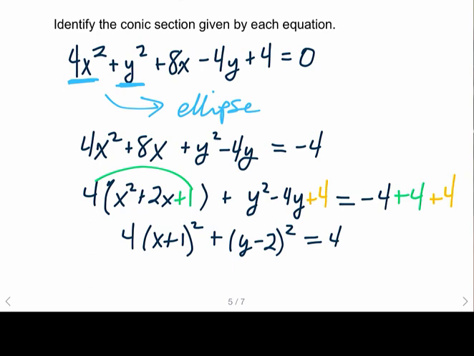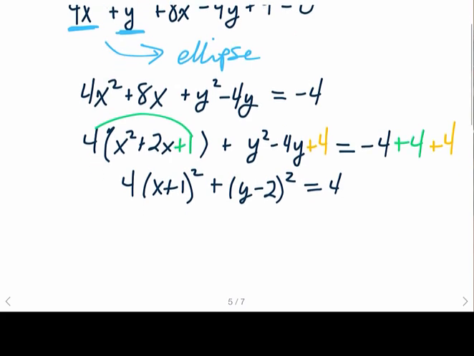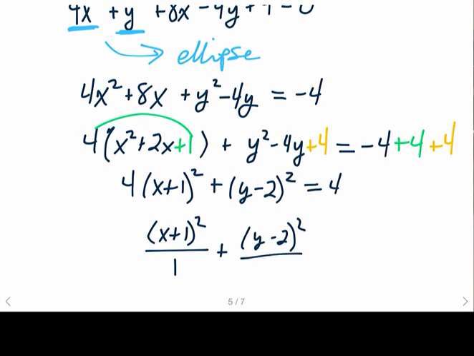Folks, if that 4 was negative, we'd have nothing. If it was 0, we'd have a degenerate conic. We're going to divide both sides by 4, though, and we have (x plus 1) quantity squared over 1, plus (y minus 2) quantity squared over 4 is equal to 1.